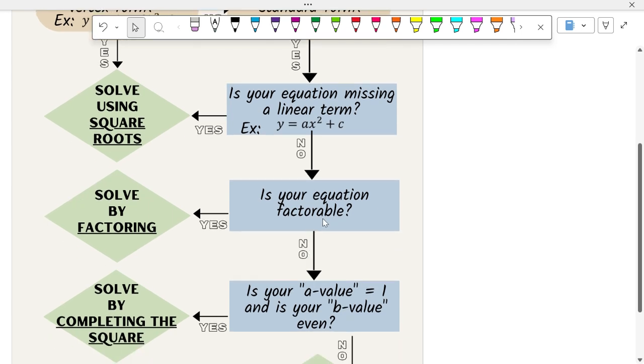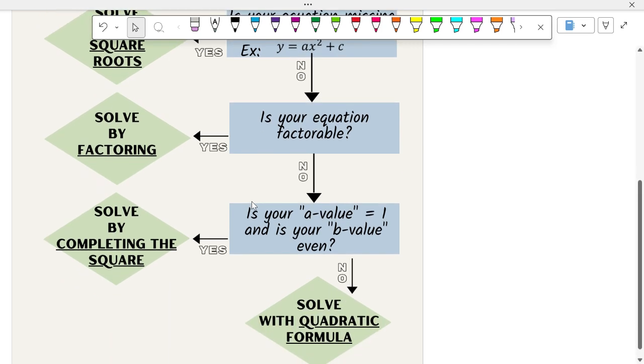So the way you can tell if it's factorable, you can always take the discriminant and see if you get two solutions that are rational. So if you get rational solutions from the discriminant, so your discriminant's a perfect square and it's not negative, then it's definitely factorable. So that's a way you can do a quick check to see if it's even worth your time to try factoring. So if it is factorable, you solve by factoring.